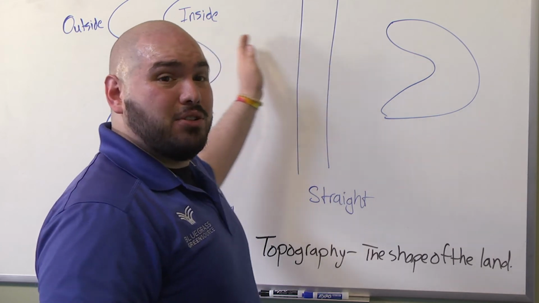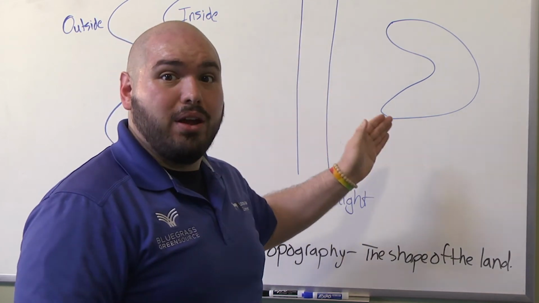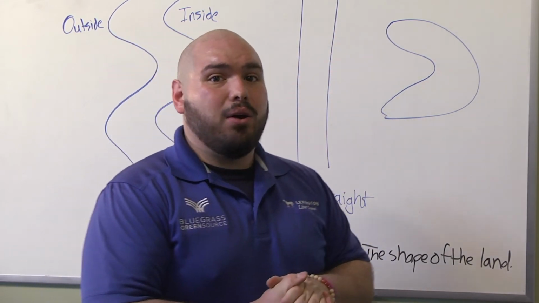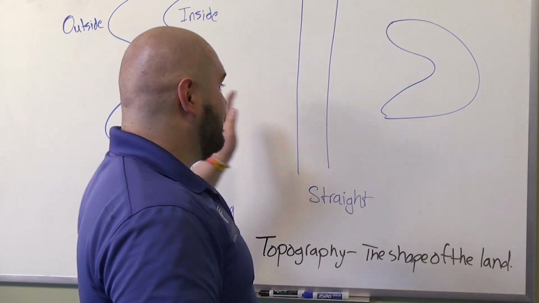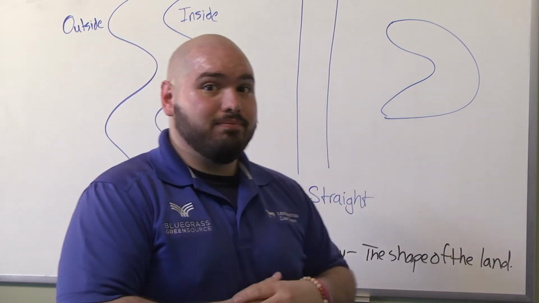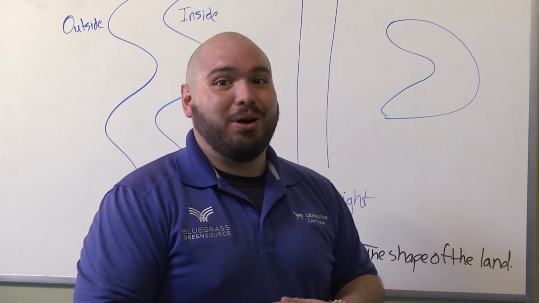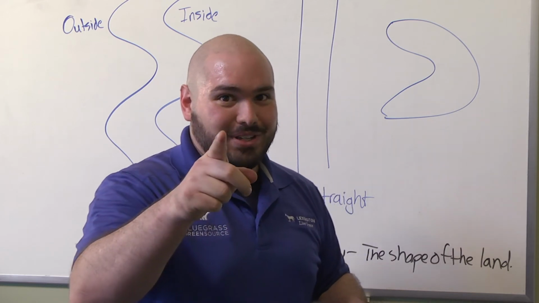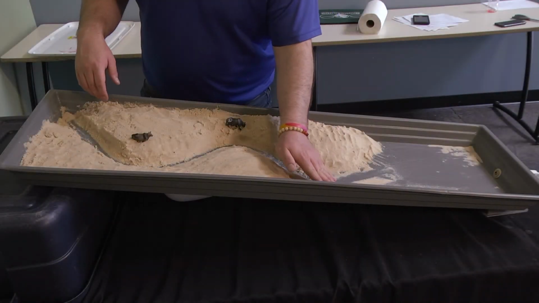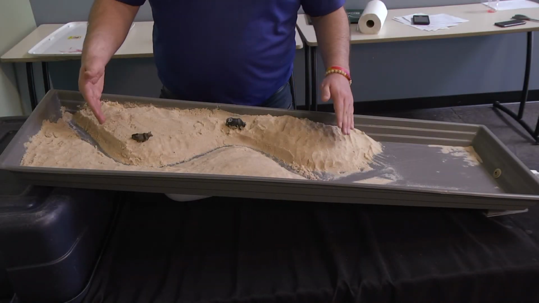And that's because there's not so many things getting in the way. Now, which do you think has more erosion? The straight stream or the meandering stream? I'm not going to answer that just yet, because we're going to look at my model up close. Just one second.